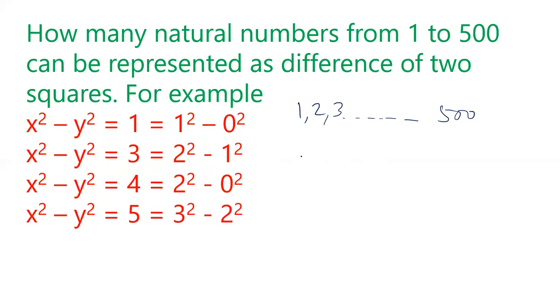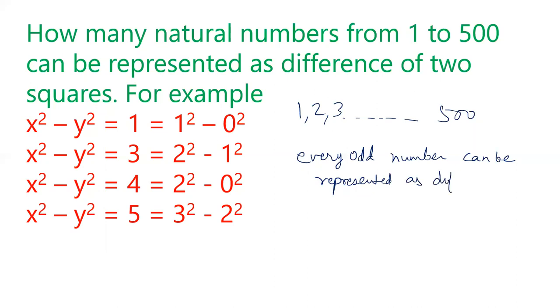So friends, remember that every odd number can be represented as the difference of two integers. Every odd number. 1 can be represented as 1 square minus 0 square. 3 can be represented as 2 square minus 1 square.